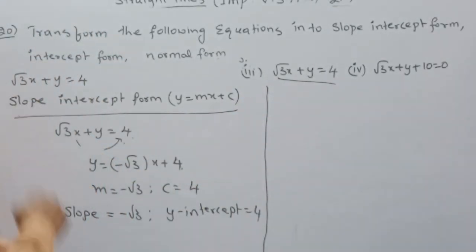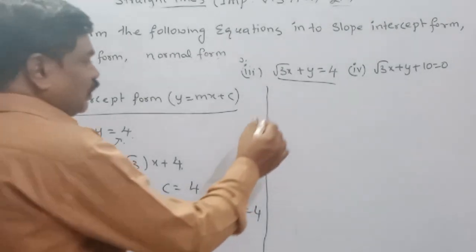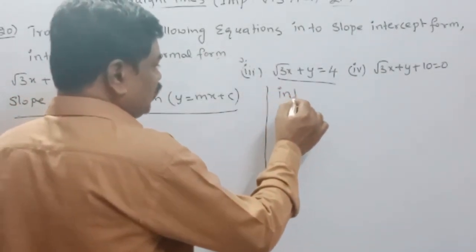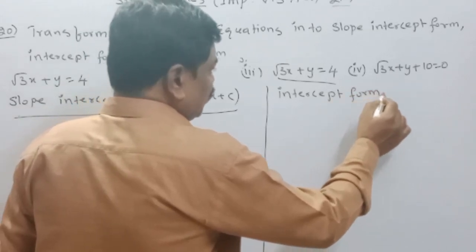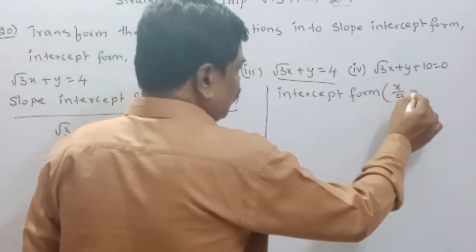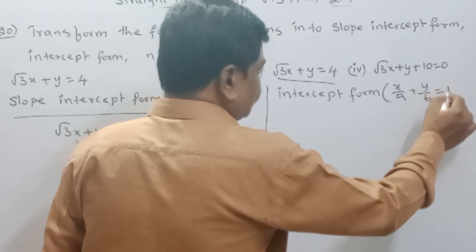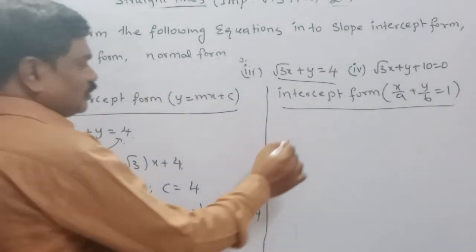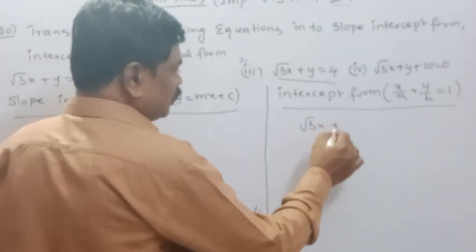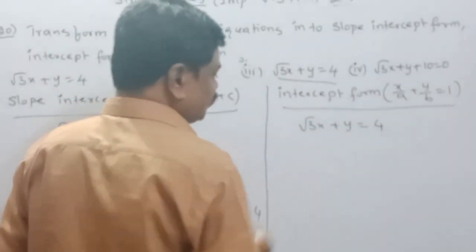Next one is the intercept form. x by a plus y by b is equal to 1 is the intercept form. Then root 3x plus y is equal to 4.